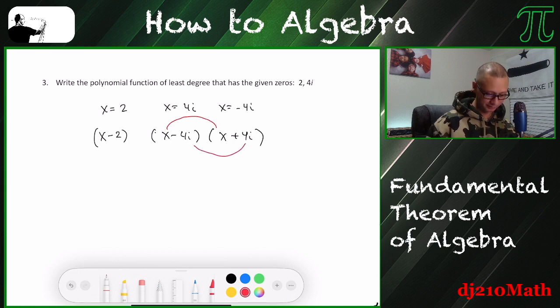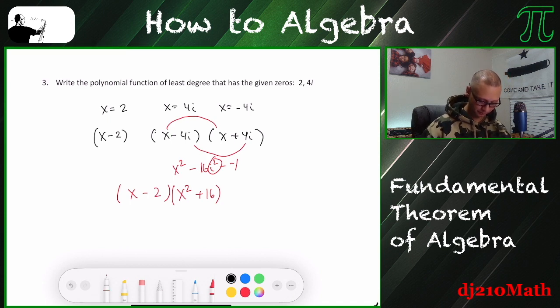So x times x is x squared. Negative times negative is a negative. 4 times 4 is 16. i squared. i squared is negative 1. So it's just going to flip the sign. x squared plus 16. And we have to multiply that, distribute it to x minus 2.